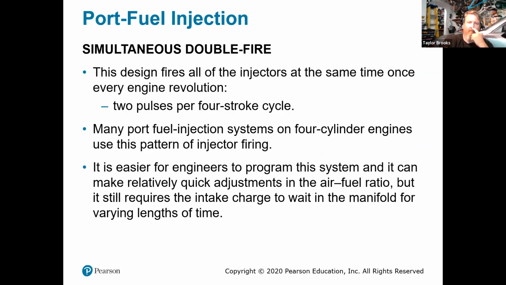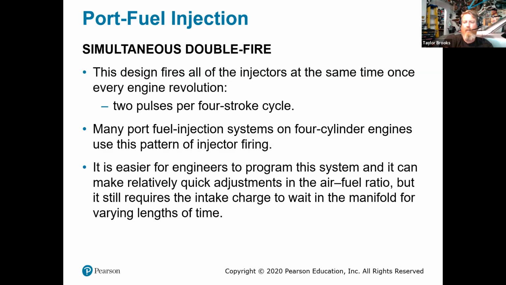We will have double fire injectors, and this is where we're going to have two pulses per the four-stroke cycle. Now, the reason we're having those two pulses is it's way easier to engineer it that way, and it allows for the fuel injection system to be adjusted a little bit faster to fuel air ratios.